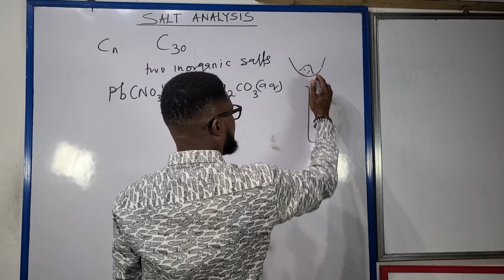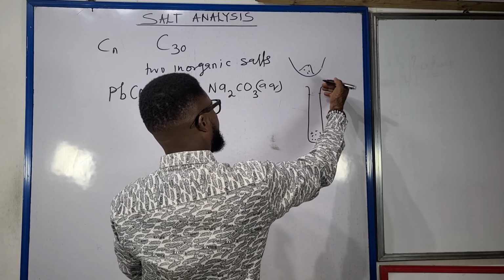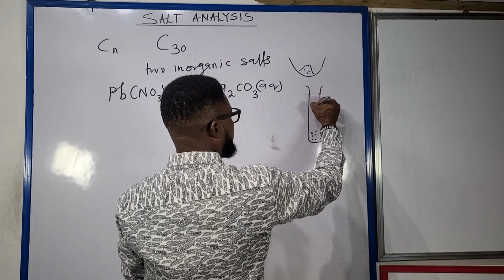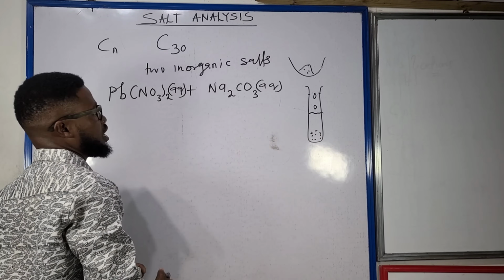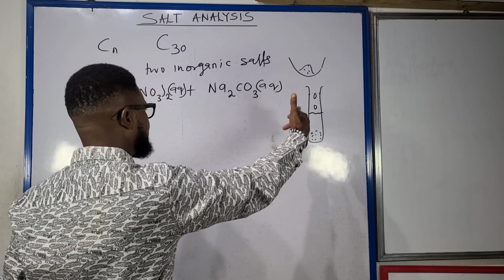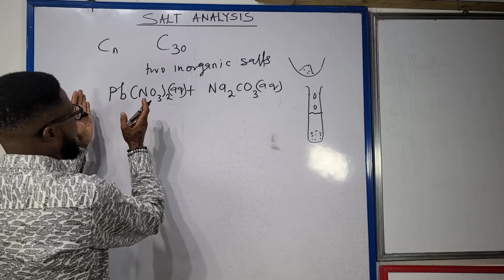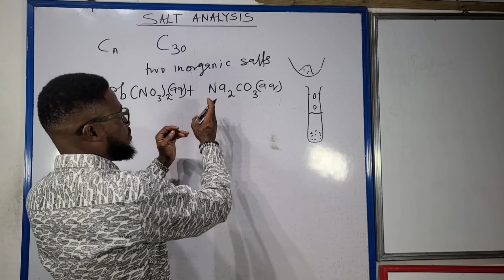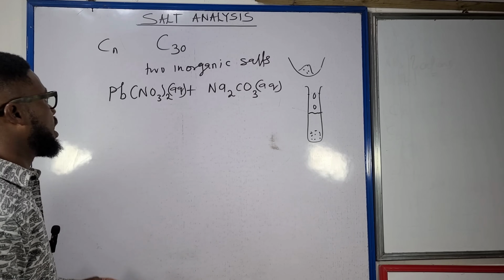If we put the sample here, you're then going to add distilled water, let this get to this level, and then you're going to be instructed to shake this thoroughly. When you do this, it's more like now having the lead(II) nitrate in aqueous or solution form, and sodium carbonate as well in solution form.